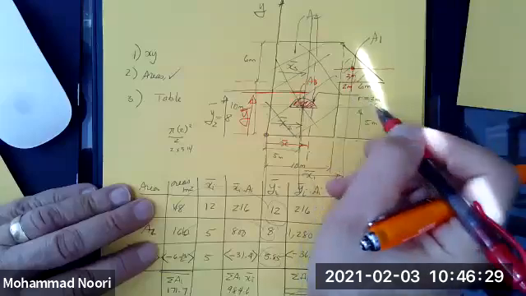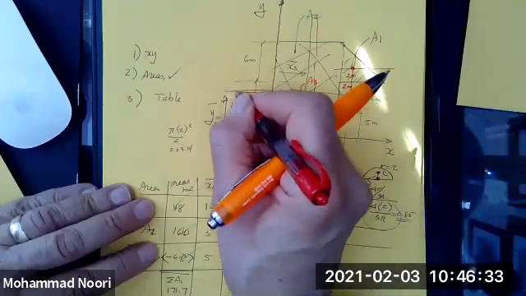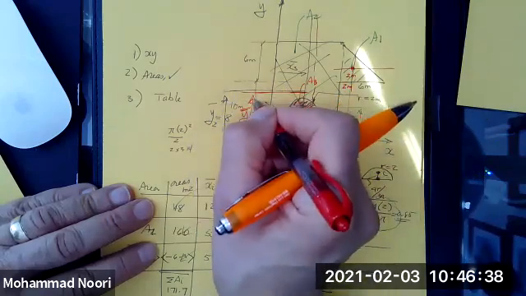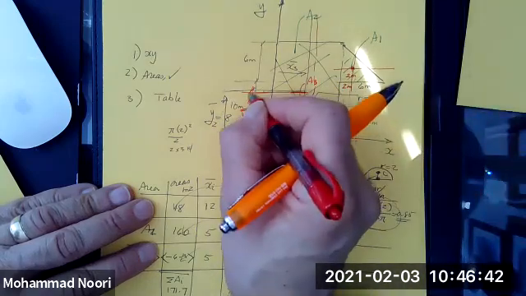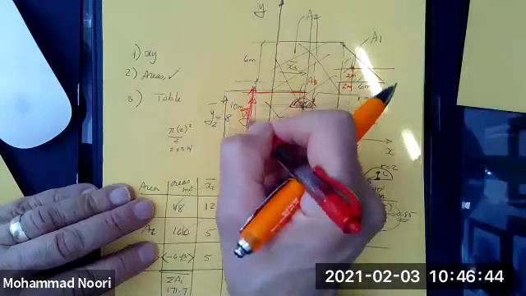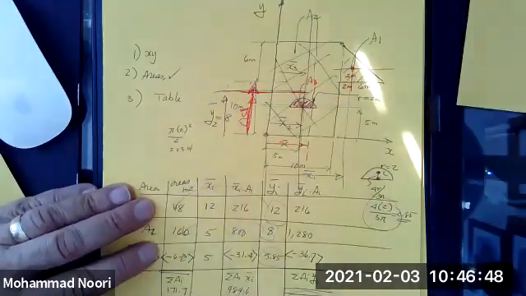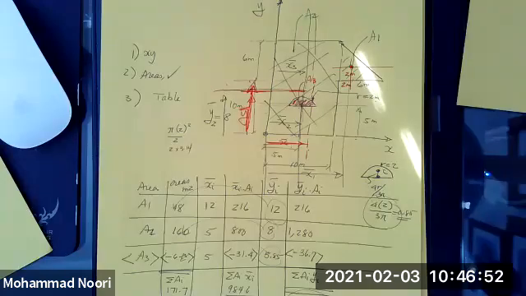And I'm sorry, this was 8. So it would be somewhere here, 0.5 above this line. And this was X bar. Any questions? Easy, right?